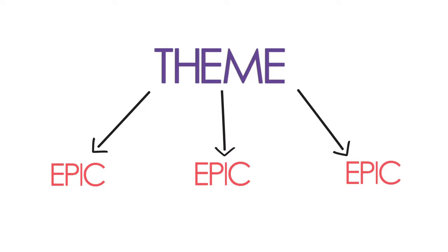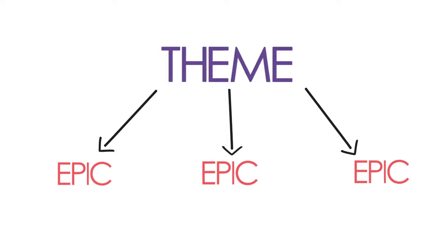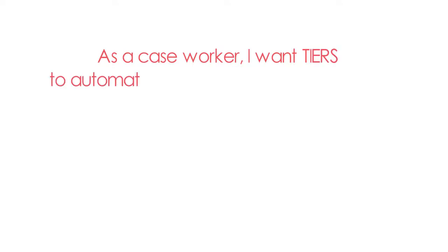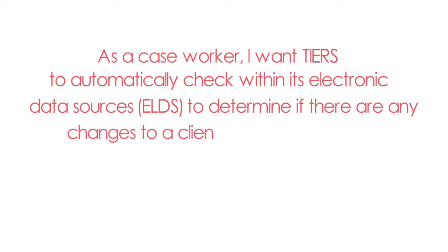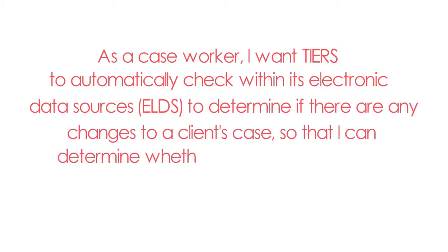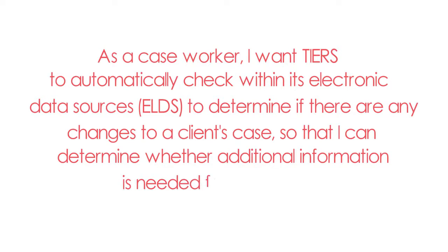One epic that can be decomposed from our previous theme could be, as a caseworker, I want TIERS to automatically check within its electronic data sources, ELDS, to determine if there are any changes to a client's case, so that I can determine whether additional information is needed from the client.